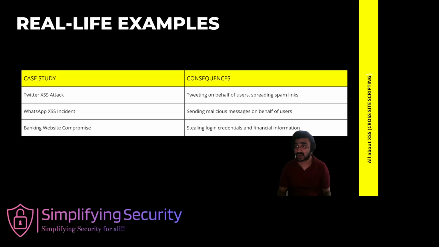A WhatsApp incident also happened, which allowed sending malicious messages on behalf of users, and there was a banking website which was compromised, leading to theft of login credentials and financial information of victims. These are some of the examples we have seen associated with XSS.